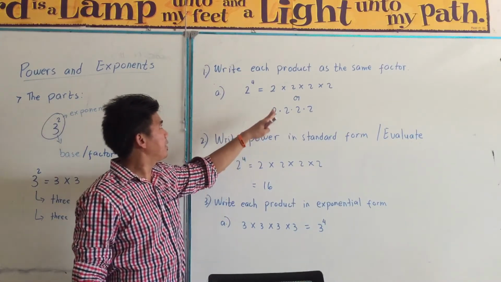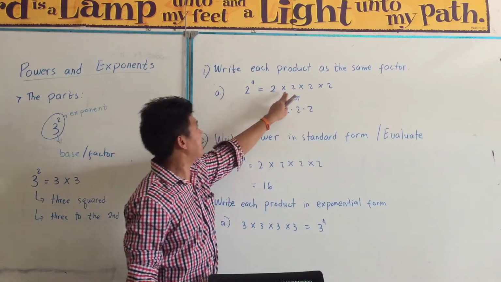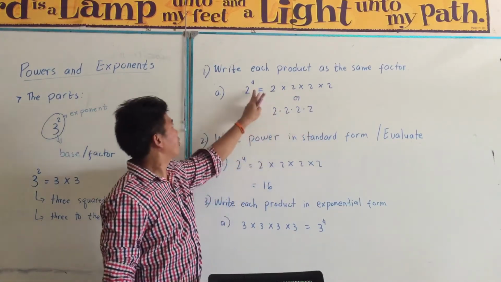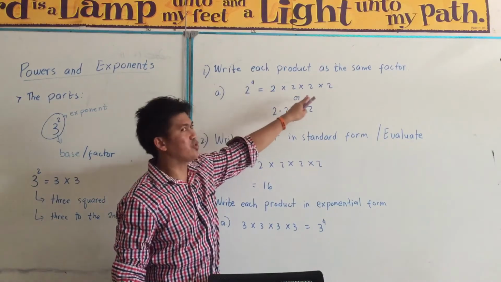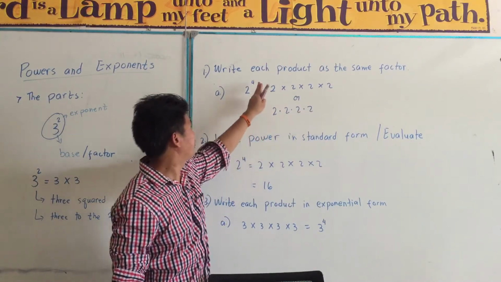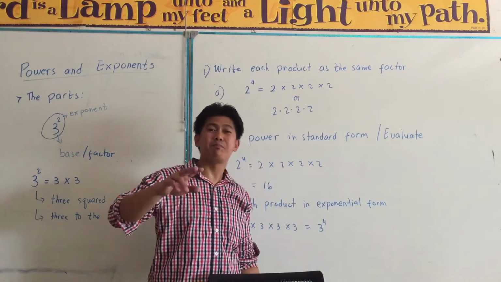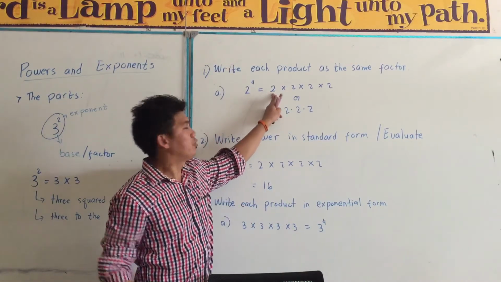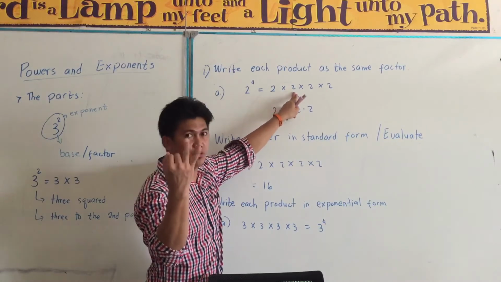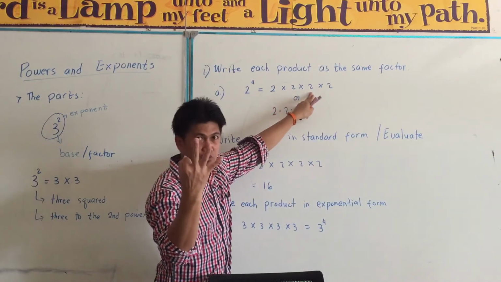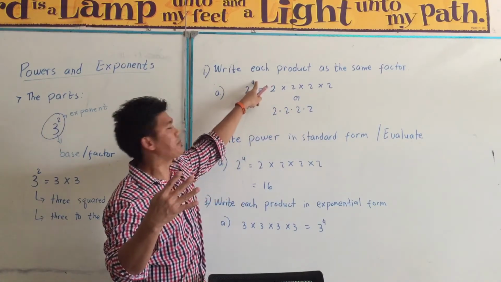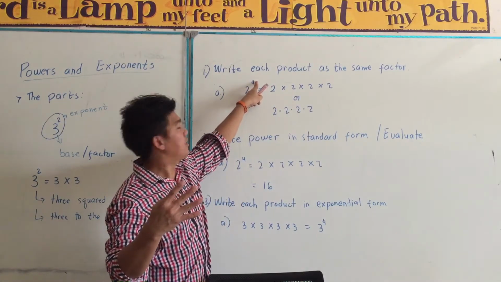We will write it as 2 times 2 times 2 times 2. Why? Because there are four 2's. 2 to the power of 4 means you have to multiply 2 four times. That represents the 4. You see?